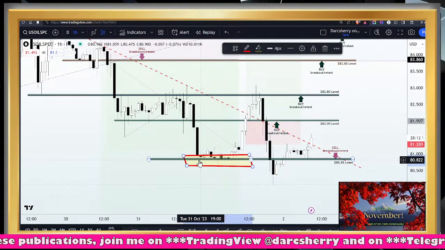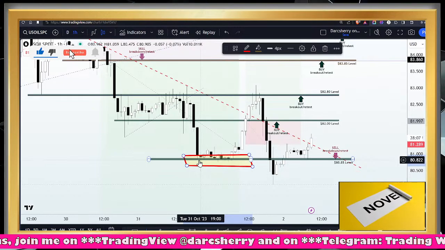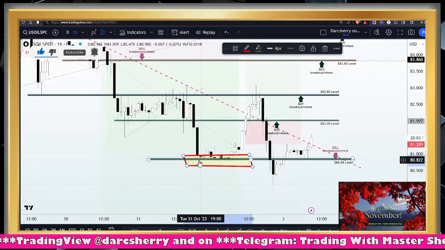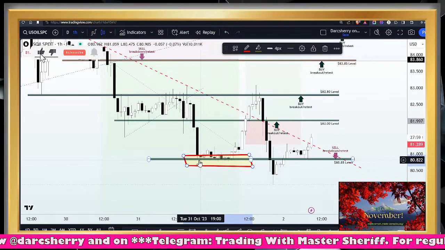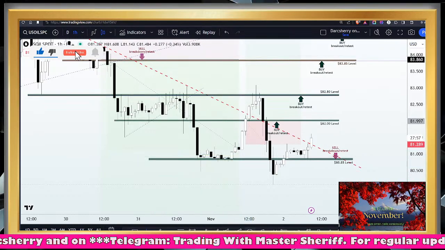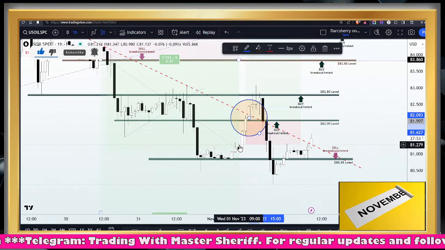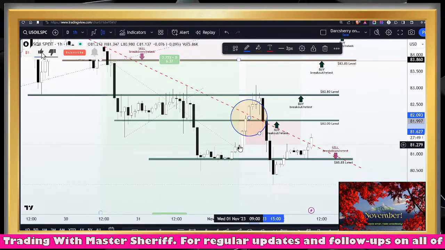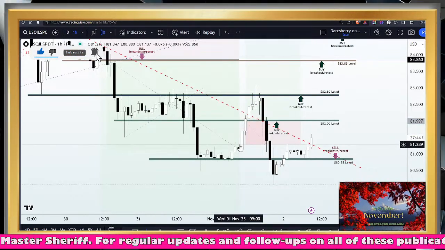I said here that though we have bullish traction building up, the fact that price still remains below our descending trend line would not allow us to jump into a buy position right away, as it will now depend on how participants in the market react to this confluence around the $82 area and that descending trend line to determine if we are going to be selling or buying this asset.